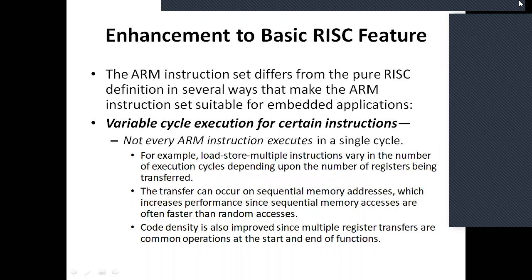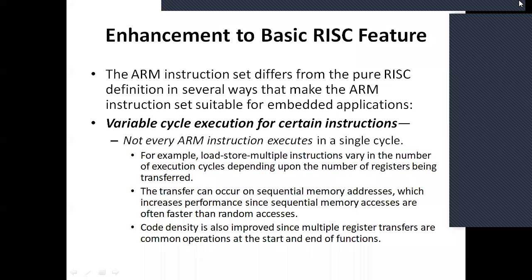They have made some enhancements to the basic RISC features. The first thing is the variable cycle execution for certain instructions. It uses the basic RISC concept: almost all the instructions are of fixed length and execute in a single cycle, but there are certain instructions that take multiple cycles to execute. So not every ARM instruction executes in a single cycle.